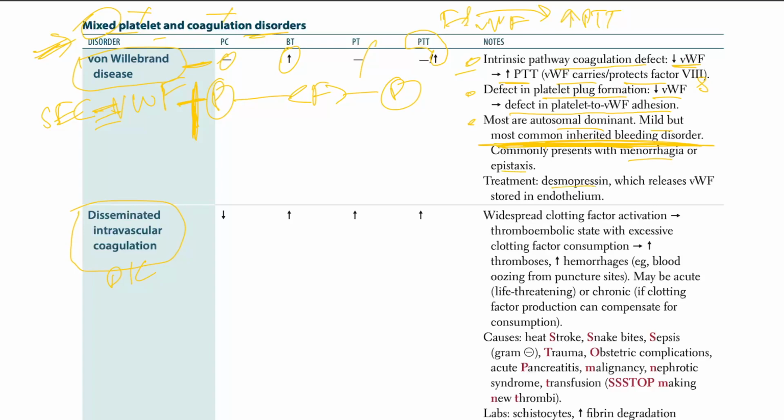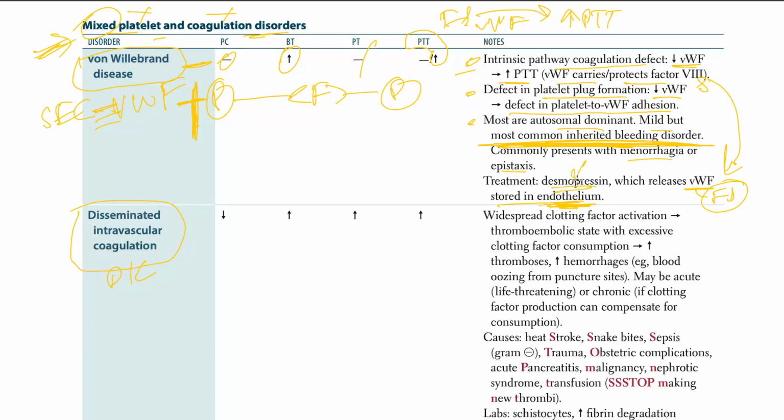Treatment is desmopressin, which releases von Willebrand factor stored in endothelium. We talked about it. And that von Willebrand factor will also bind to factor 8 and stabilize it.